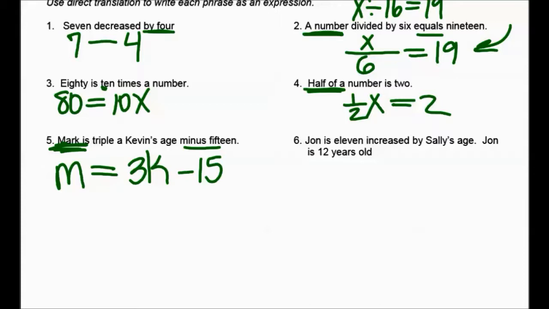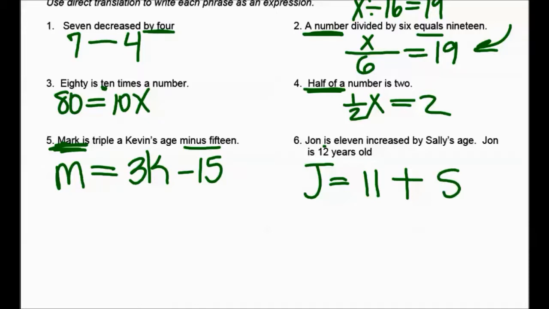Now we have John is 11 increased by Sally's age. So we have 11, increase means addition, and Sally's age, well, we don't know her age, so that's another variable.